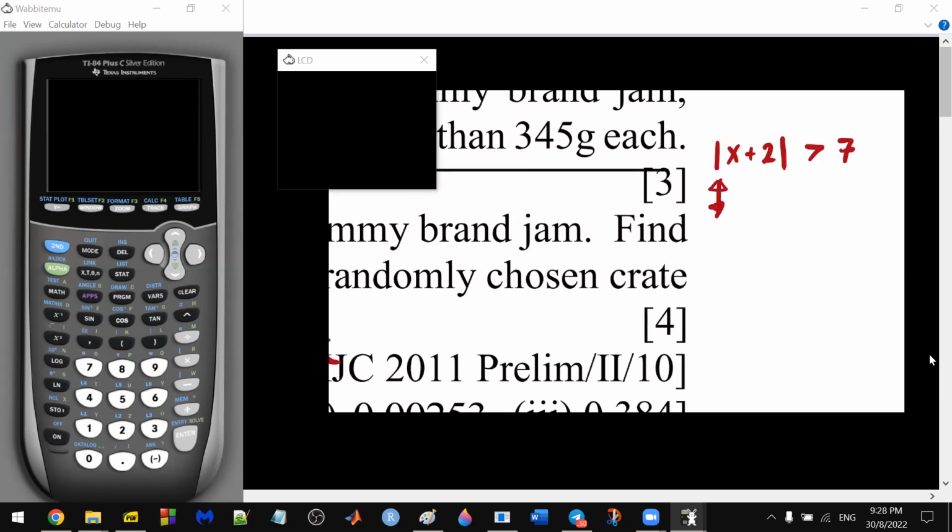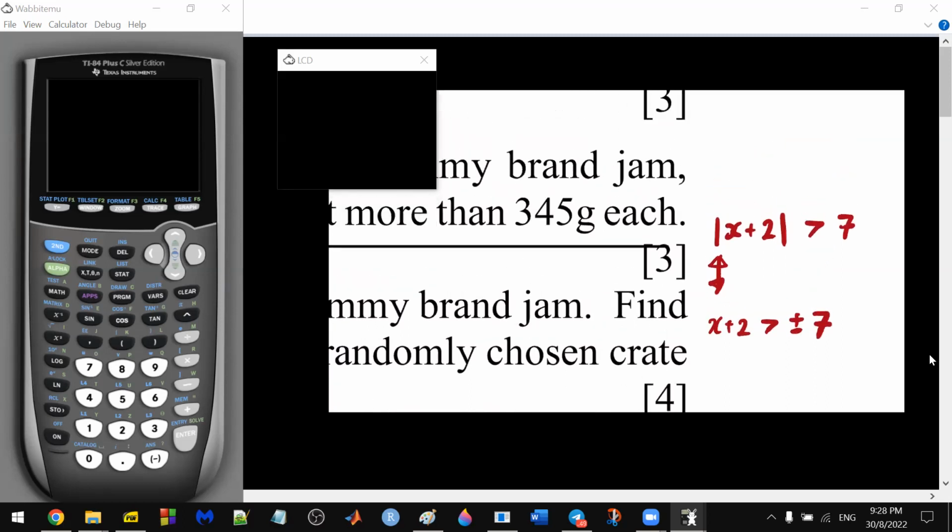Let's say we don't look at probability, just focus on an inequality on its own. Oh, x plus 2 is more than plus minus 7. Let's not talk about random variables, so just little x. X plus 2 more than what again? Plus minus 7. No, wrong. No. Cannot do that.